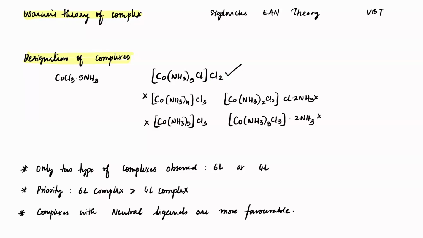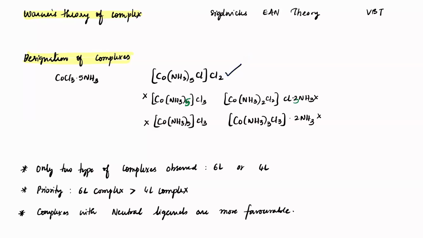Now you might say, sir, there are various permutations. Why can't I simply put 4 ammonia, 3 chlorines out, and one more ammonia out? Or 2 ammonia here, 2 ammonia outside, or 3 ammonia outside? Why can't we have all these cases? Why do we have to go only for this one?